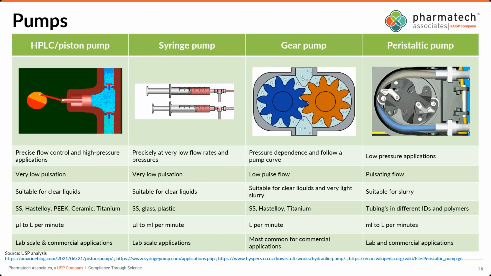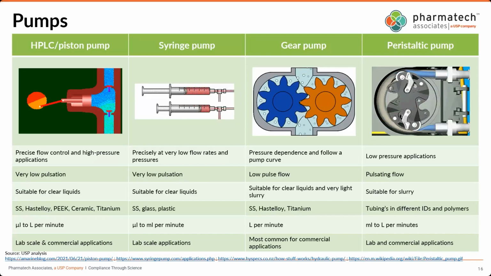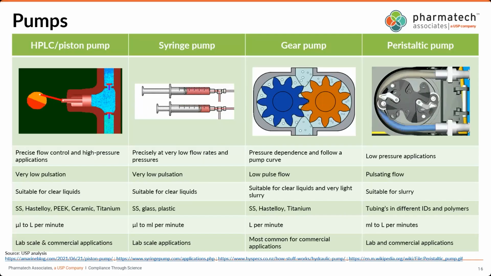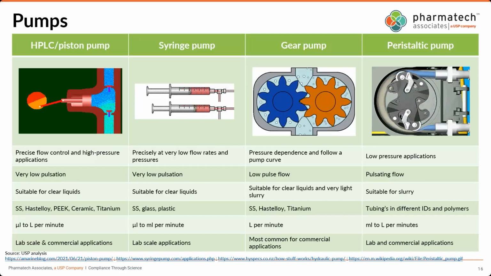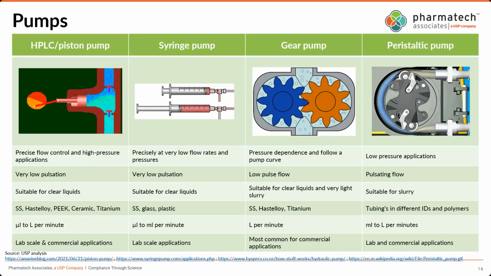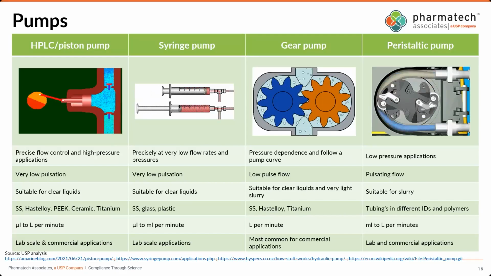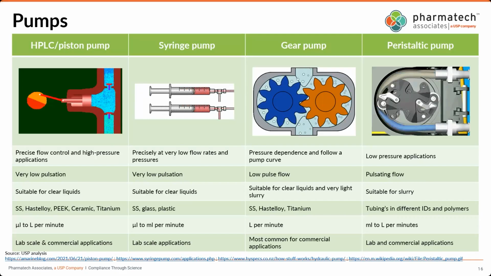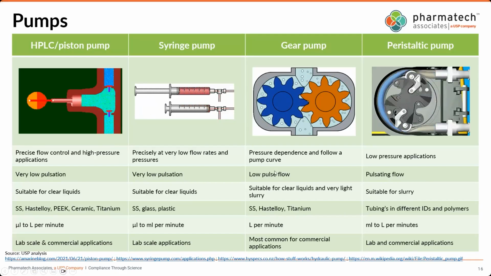However, many of you must know that gear pumps are usually characterized by the pump curve: the higher the pressure, the lower the flow rate. But this can be taken care of by using a mass flow controller or mass flow meter and looping them with the pump motor, wherein changes in pressure can automatically adjust the RPM of the pump to achieve the desired flow rates.